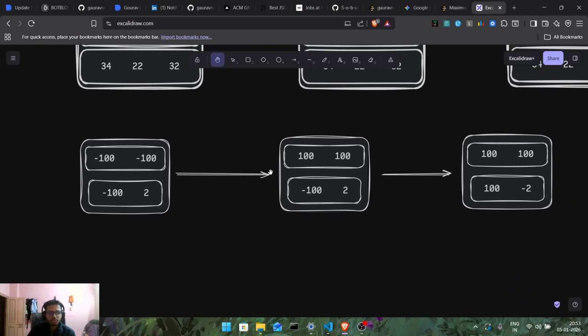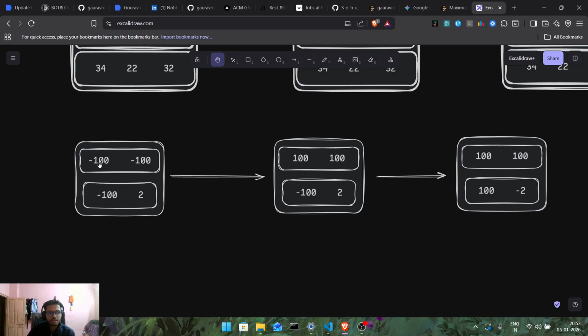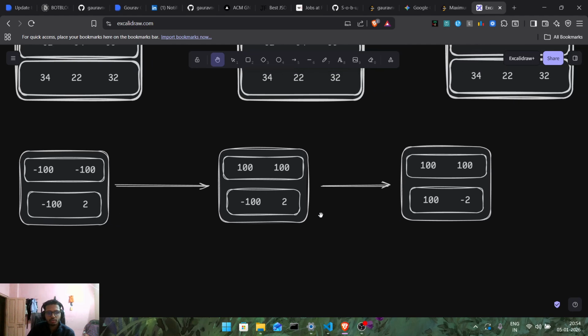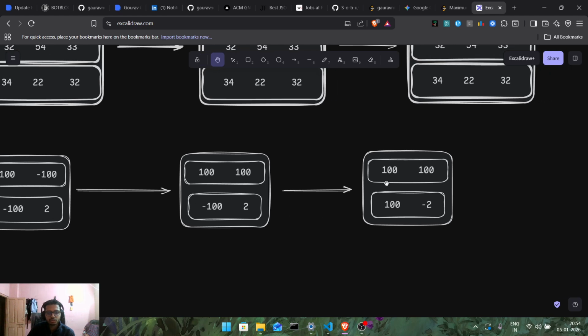To move the negative onto it, let's perform the operation on these two adjacent elements. It becomes 100, 100, minus 100 remains the same, 2. Now let's perform the operation on these two adjacent elements. It becomes 100, 100, 100, minus 2.